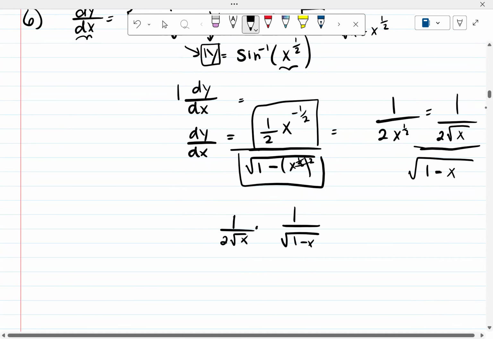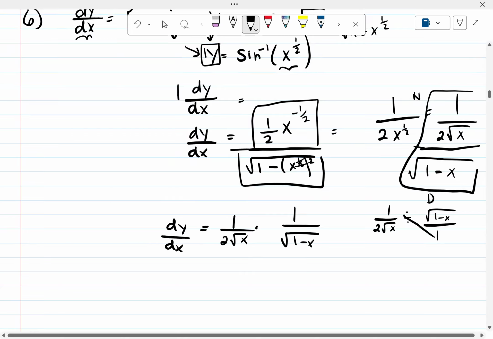If you do the algebra, this is a complex fraction, so this whole thing is your numerator and this whole thing is your denominator. You can rewrite this as 1 over 2 square root of x divided by the square root of 1 minus x over 1, and then you would cross multiply. This is what you would get.